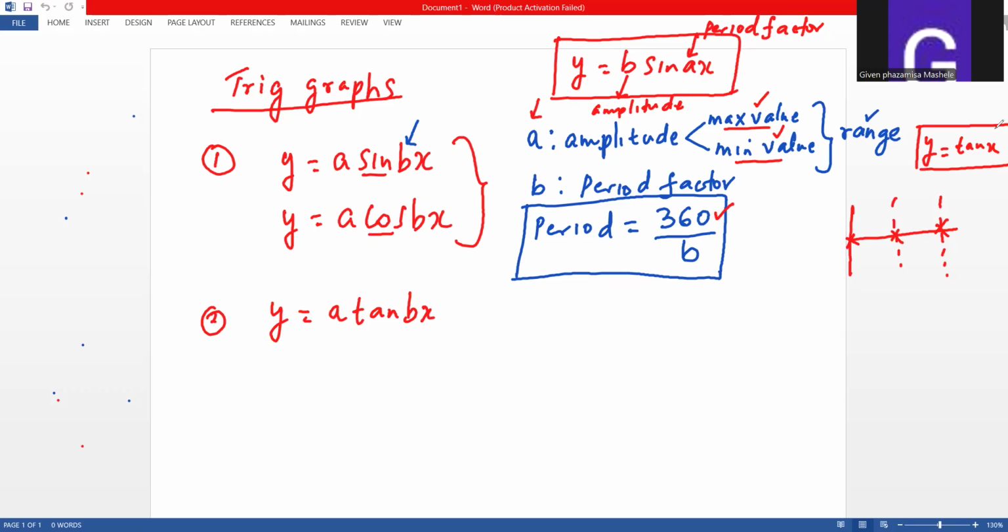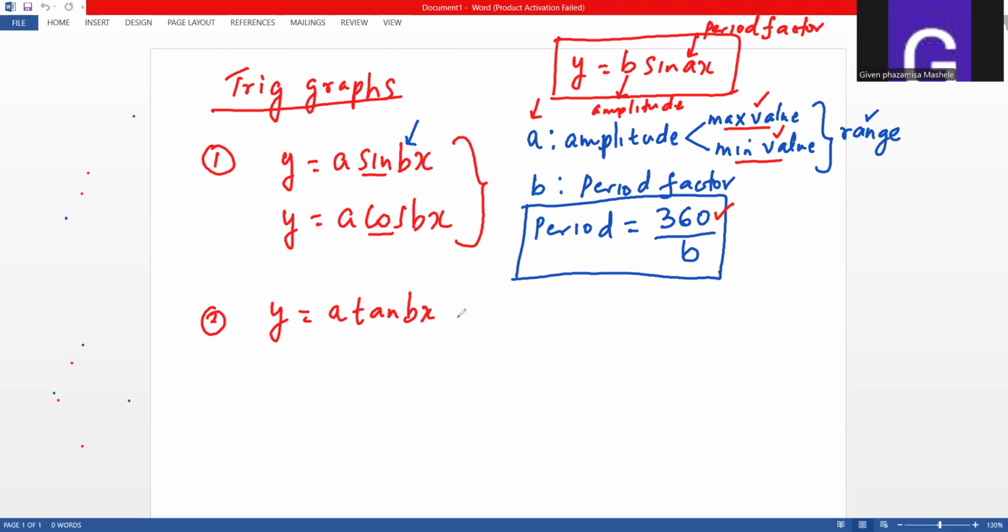So in other words, tan actually does not have a range. We cannot state the range for tan because the function can continue forever. So what does this mean?